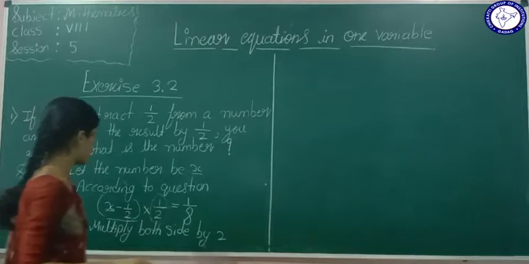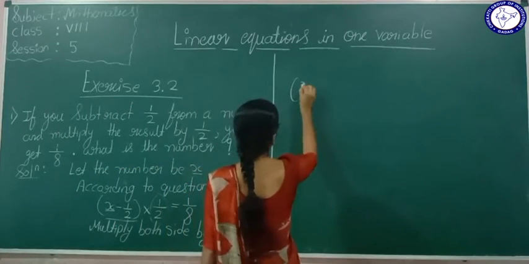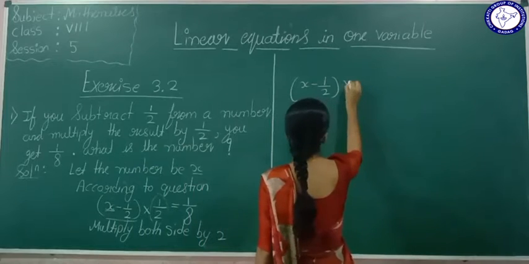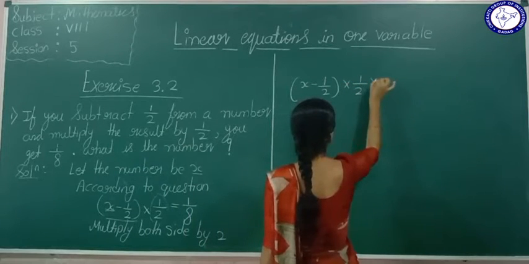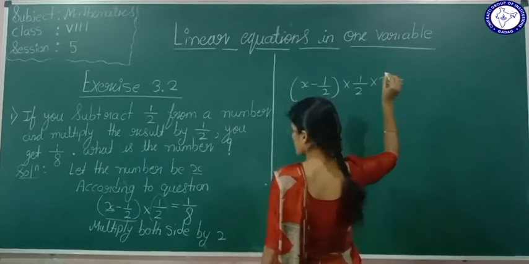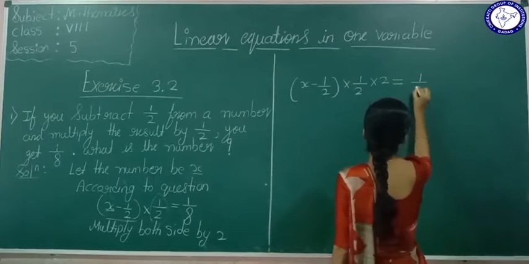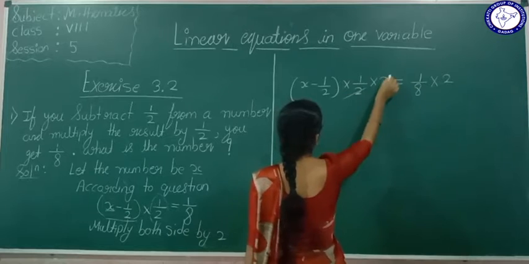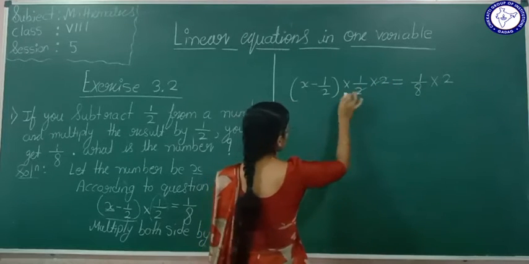What will happen? (x − 1/2) multiplied by 1/2 multiplied by 2 is equal to 1/8 multiplied by 2. Here the 2s get cancelled.